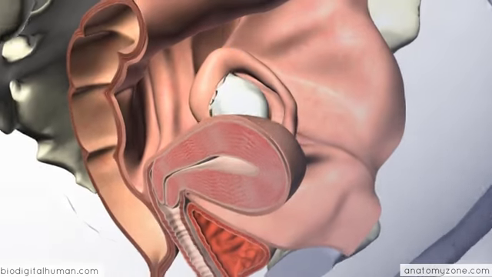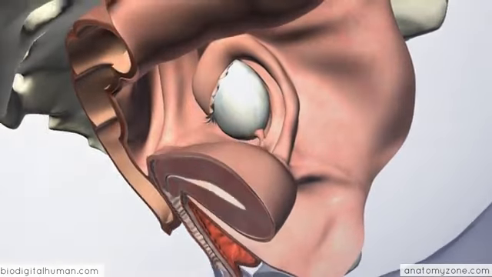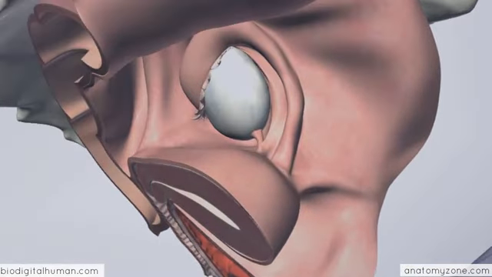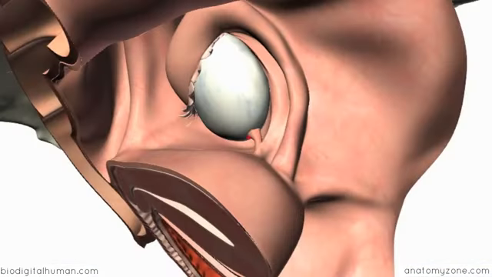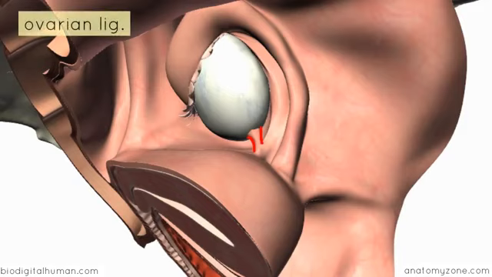And then if I just rotate the model so we can look from a superior view, you can see that there's an attachment on the inferior pole of the ovary which connects the ovary to the uterus. And this is called the ovarian ligament. And this ligament is a fibromuscular band of tissue which passes to the cornu of the uterus.